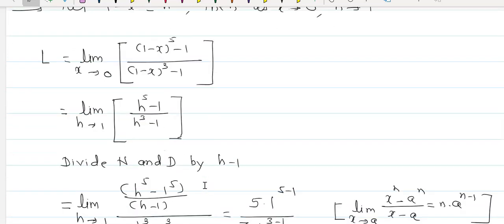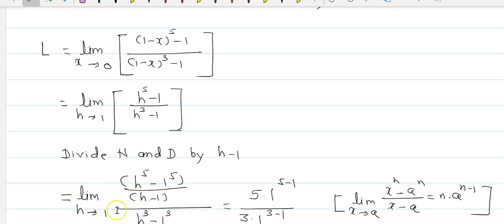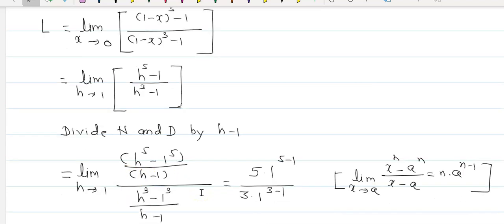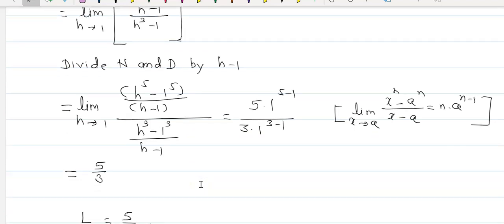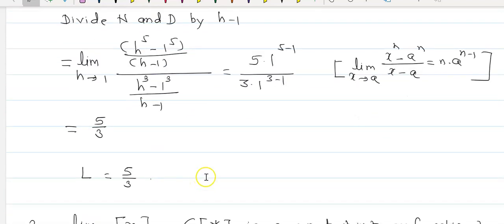Divide numerator and denominator by h - 1. Therefore, limit h tends to 1, (h^5 - 1^5)/(h - 1) upon (h^3 - 1^3)/(h - 1). That is 5 into 1^(5-1) upon 3 into 1^(3-1) by using this formula. Therefore, you will get 5/3. Therefore, L is equal to 5/3.